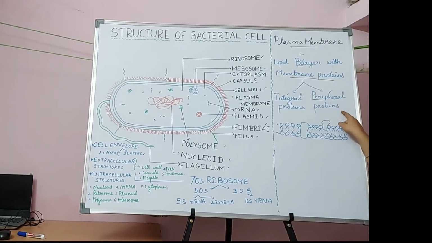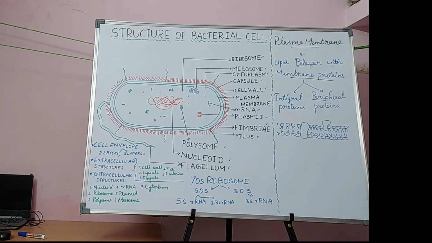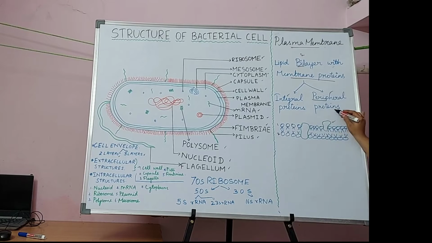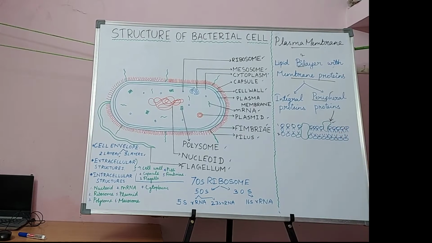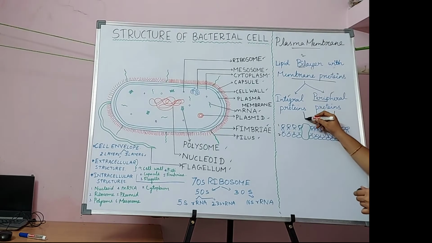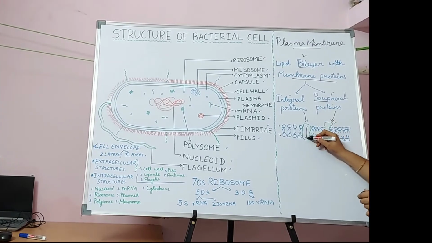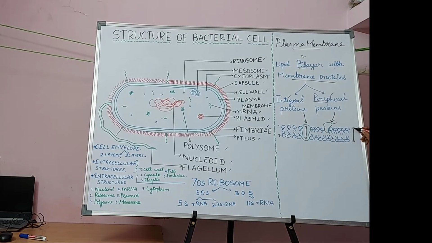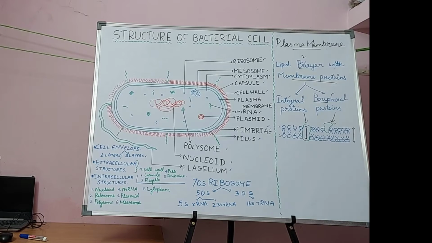So peripheral proteins are the ones that are present on the external surface of the plasma membrane. It is called peripheral proteins. They will be loosely attached to the bacterial cell. These integral proteins are the ones that are integrated along the length of the lipid layer. If you see, it is along the length of the entire lipid membrane, hence it is called integral proteins.